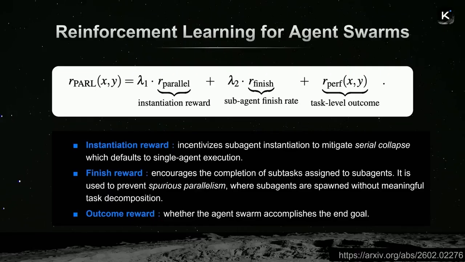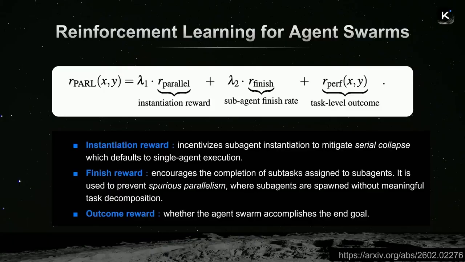And technically, we define some new objective functions to guide the learning process of our agent swarm system. There are 3 reward objectives that are considered here, compared to the conventional single agent RL learning. The first term is what we call the instantiation reward.